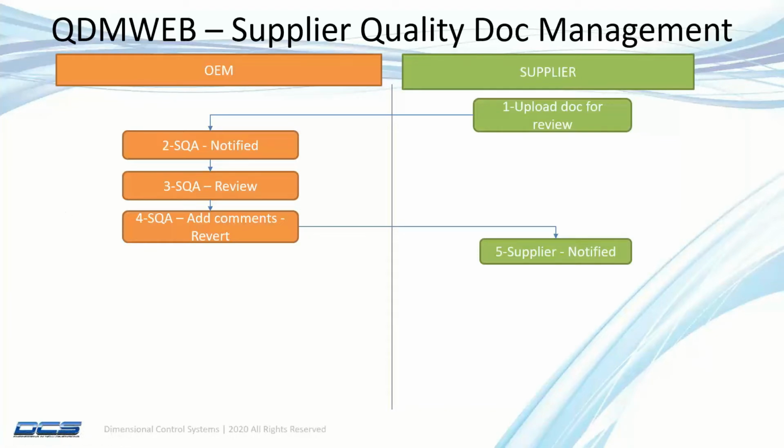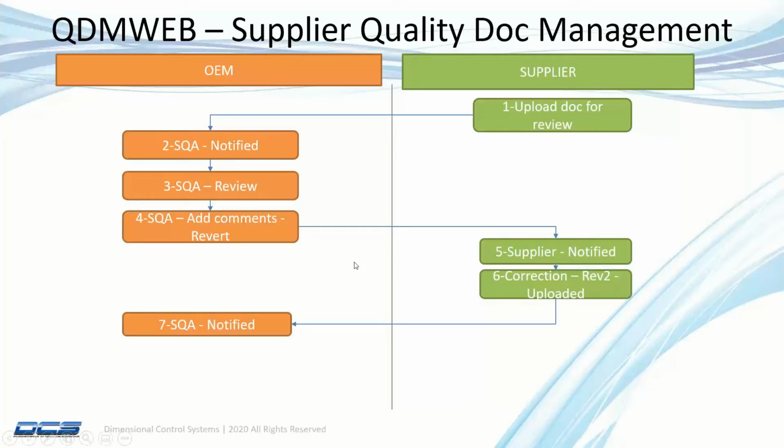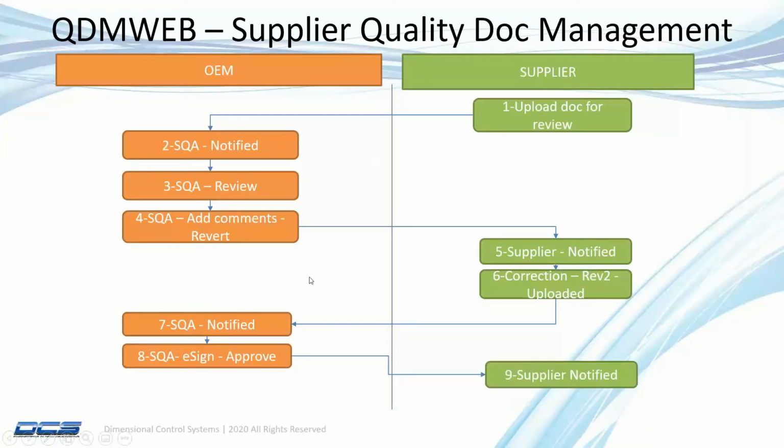Now the supplier makes those corrections, or remeasures, or changes their tooling and redoes the parts, and re-uploads another PPAP document. Now the SQA is notified. The SQA can e-sign this document and approve with comments, and the supplier is notified that the document is approved, or they can move to the next phase.